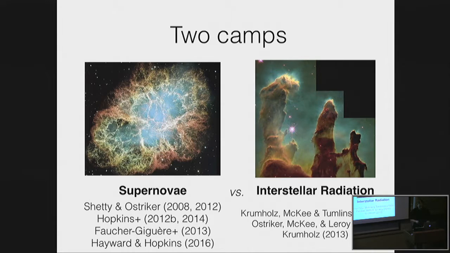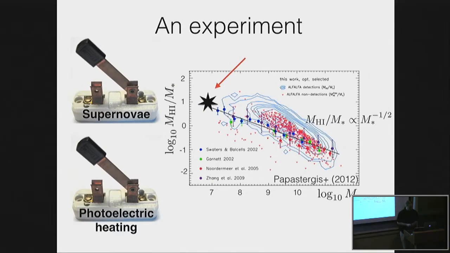To look into which of these two sorts of models are more reasonable in dwarf galaxies, we decided to run a numerical experiment. What we did is we created an isolated galaxy, put it in a box, and simulated it with Enzo.